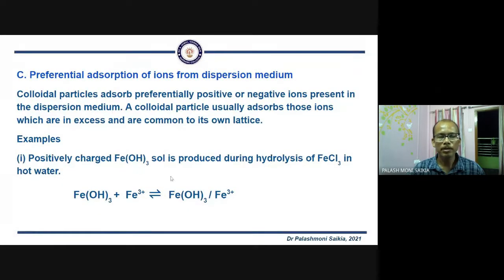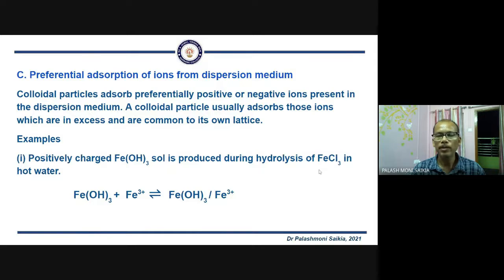Now we can simply hydrolyze ferric chloride. If we simply hydrolyze ferric chloride, ferric hydroxide will be formed in ferric chloride. Now this is quite interesting, because we can say that water should have OH ion, but the problem is water is not a good electrolyte, and so there will be more ferric ion than OH ion.